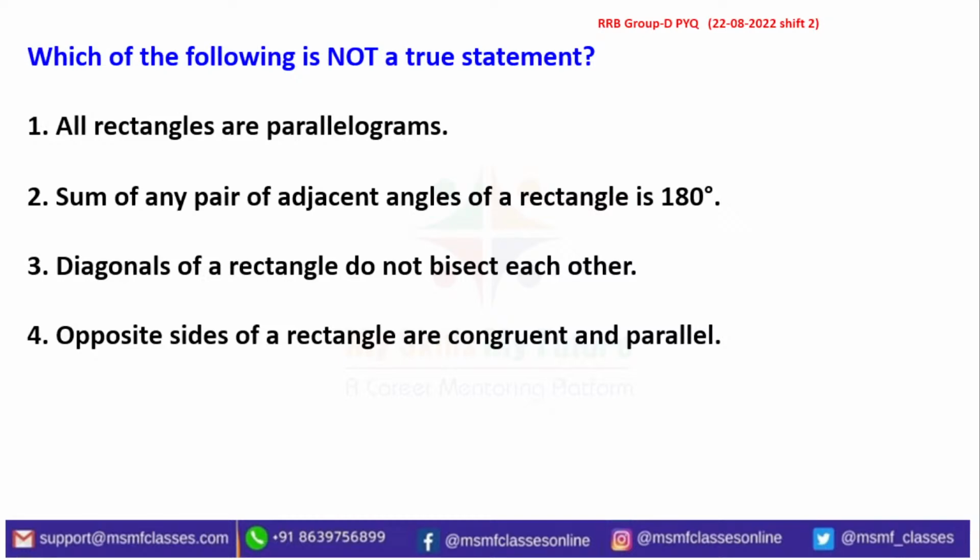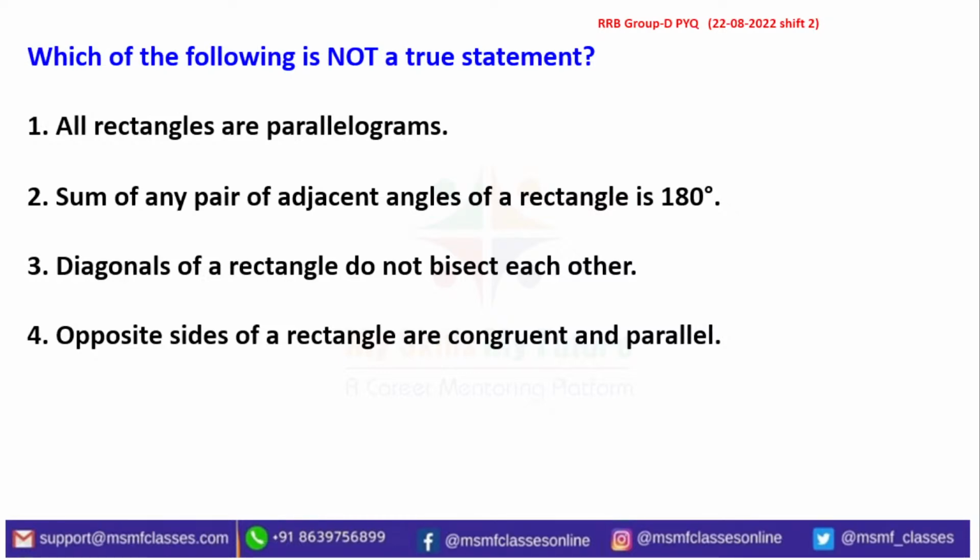We need to find which of the following is not a true statement. So one is a true statement, because all rectangles are parallelograms, and opposite side distance is same.